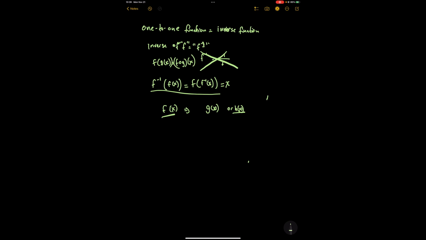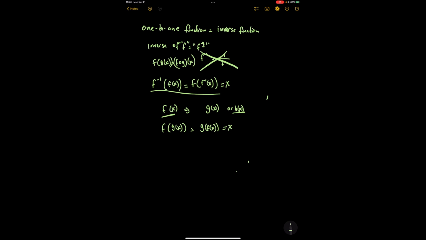Well, you would do f of g of x, and if that equals g of f of x, and that equals x, then they are basically inverses.